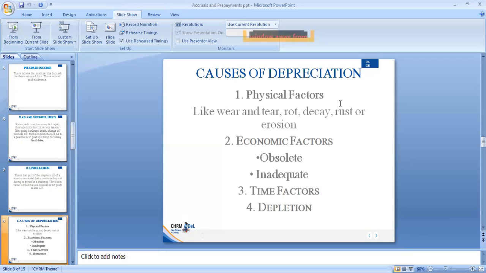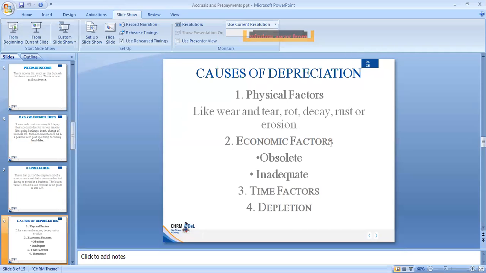Some of them, especially motor vehicles, if they are not properly kept, they rust, and we have erosion, something like land can suffer erosion, and as a result of all this, its value is being lost.